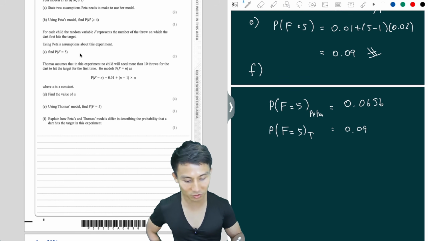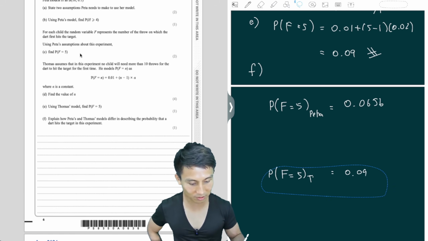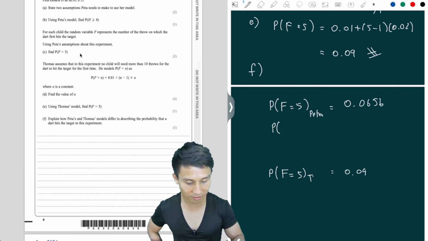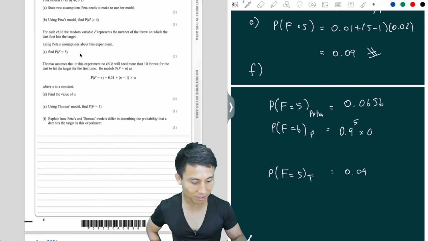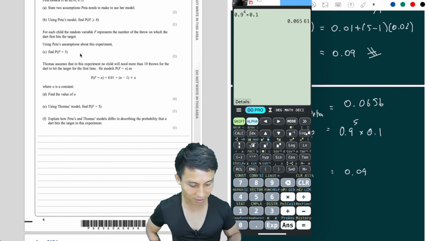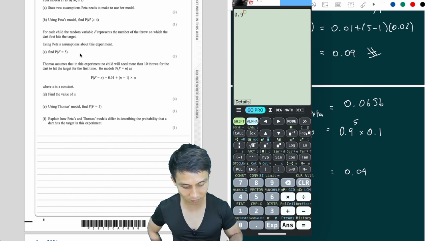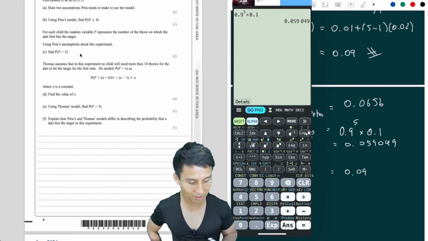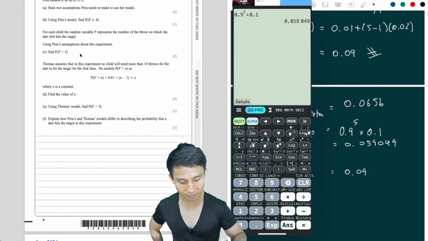In fact, we should try, right? So for Peters' and Thomas's, for P(f = 6), for Peters as well, you're going to miss 5 times, and you're going to get it the 6th time. So 0.9 to the power of 5 times 0.1. All right, let's note that down. 0.059049. You see the number is now smaller.